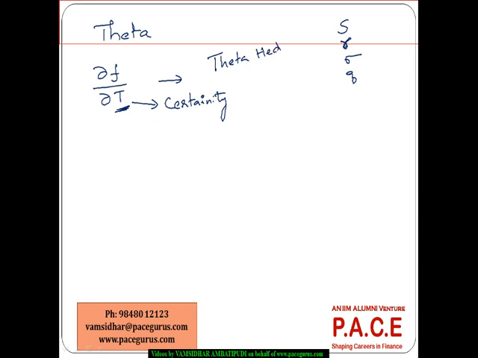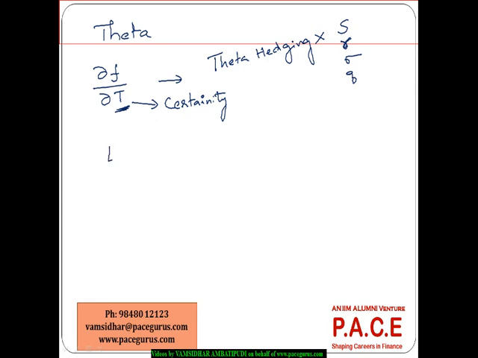Only where something is uncertain and we really don't know how it is going to move, that is where we get into a hedging strategy. Whereas when we know the time is going to change on a day-to-day basis, it doesn't really make any sense to hedge the portfolio against the change in time, because there is no uncertainty built into it.